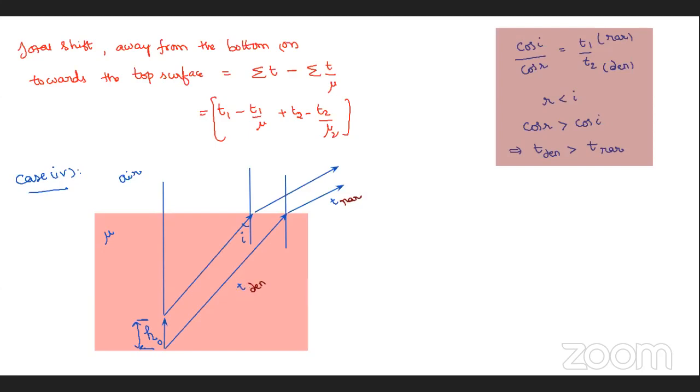So if you extend it backwards, this light ray extended backwards like this, and this one is also extended backwards.